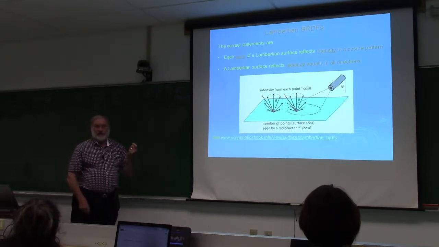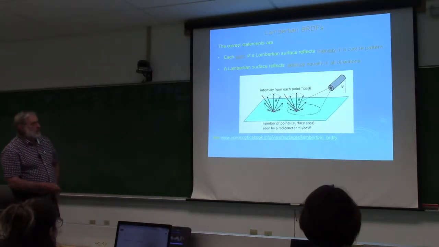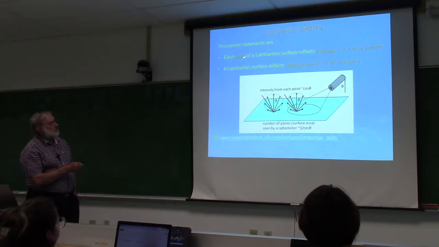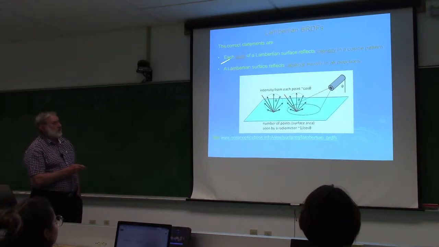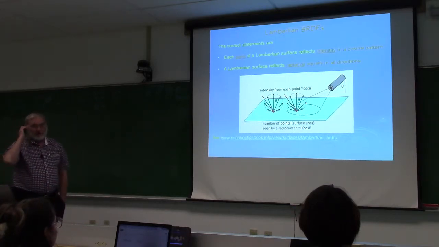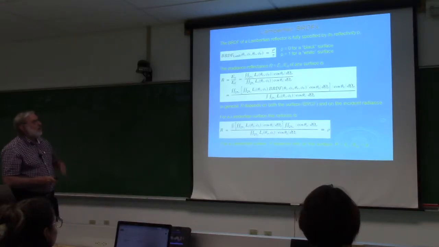It's a little weird that you have to be precise whether you're talking about radiance or reflected intensity. Anyway, there's more of this in the web book if you want to dig into it and think about it some more. So there's the proper statement: each point reflects intensity in a cosine, but a Lambertian surface reflects radiance equally in all directions. Both of those statements are correct as long as you use the right measure of how you're talking about light.